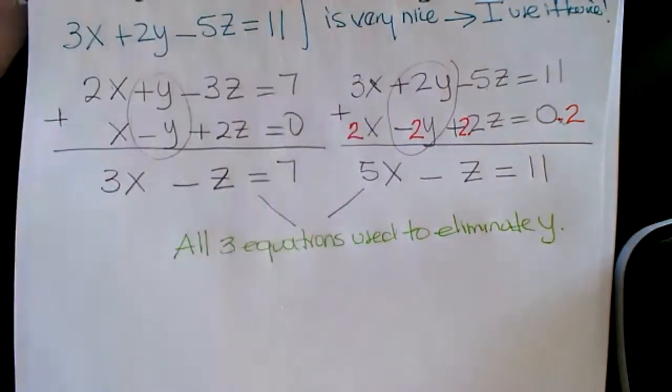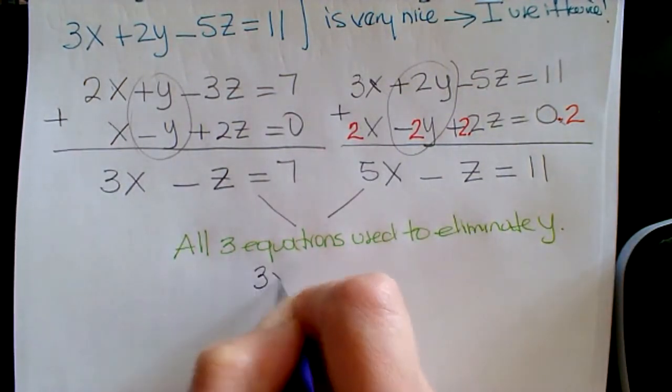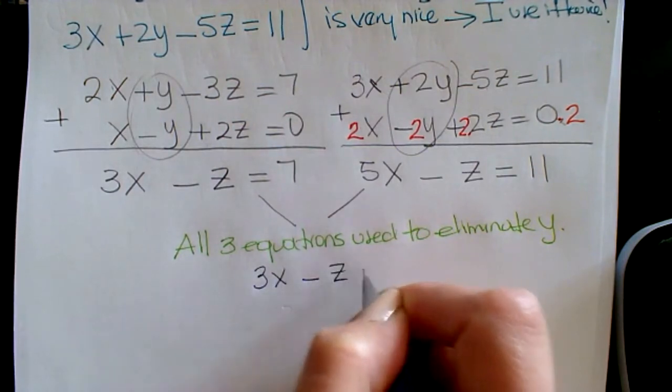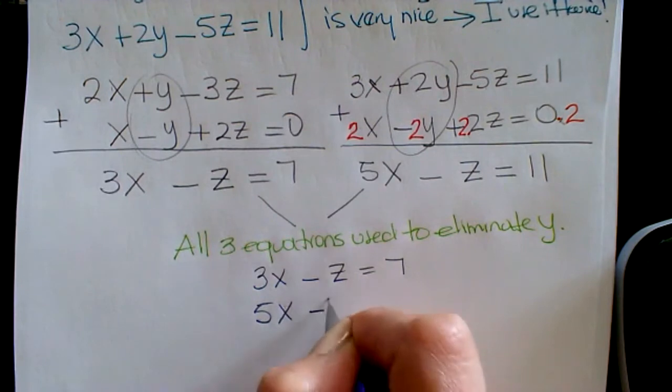I'm just writing it down so you guys know. Now I'm going to take these 2 equations: 3x minus z equals 7 and 5x minus z equals 11.